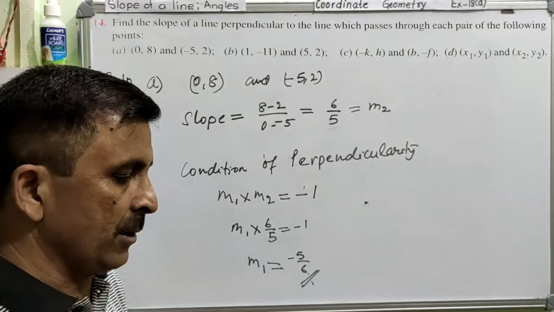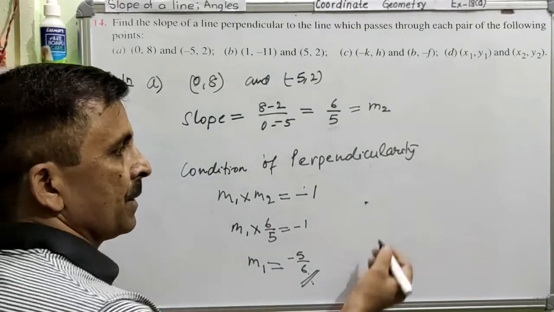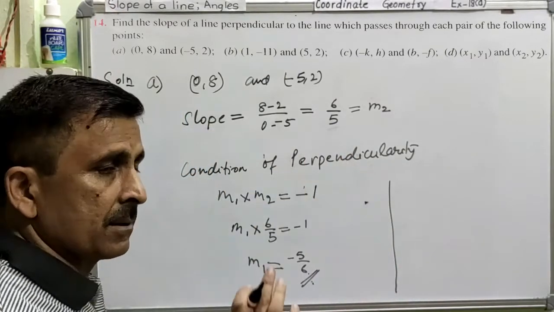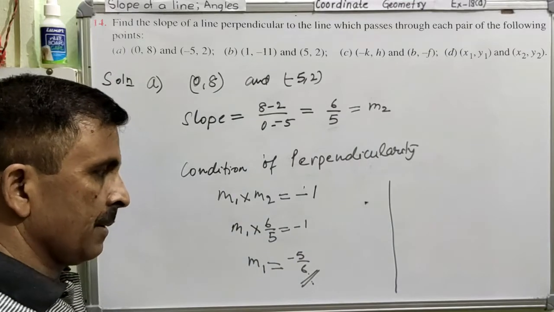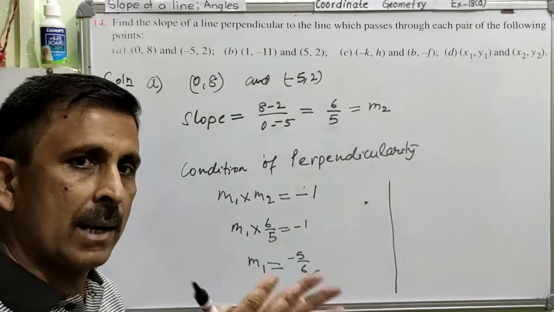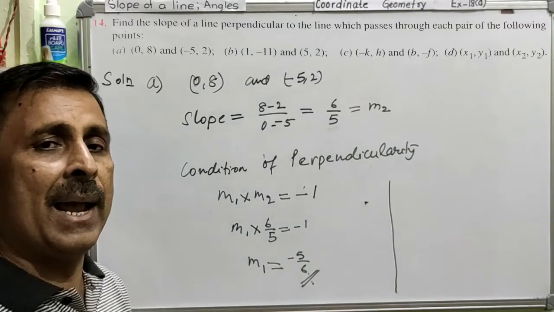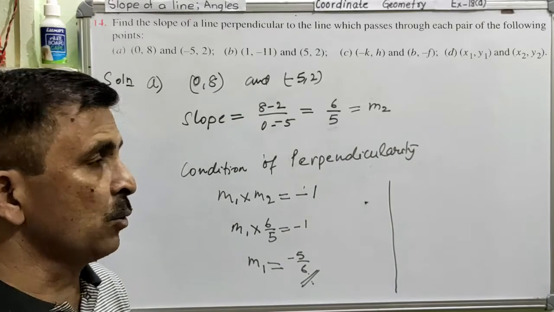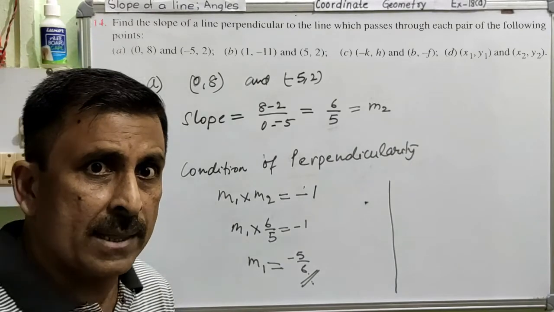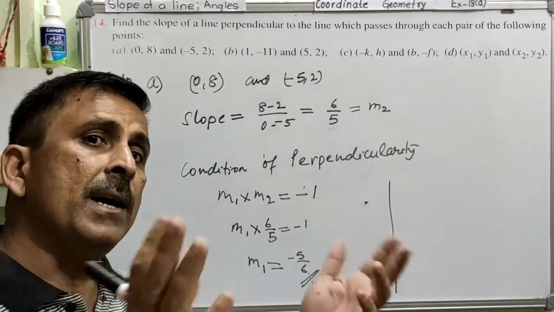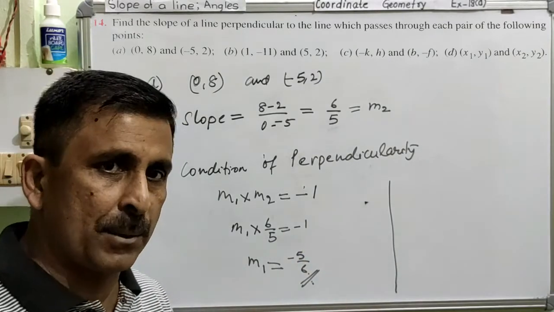In brief, for the perpendicular condition, the slope of one line is the negative reciprocal of the other. If the two lines are perpendicular, then the relation between the two slopes is that one is the negative reciprocal of the other.